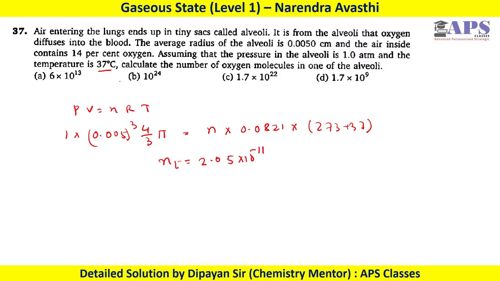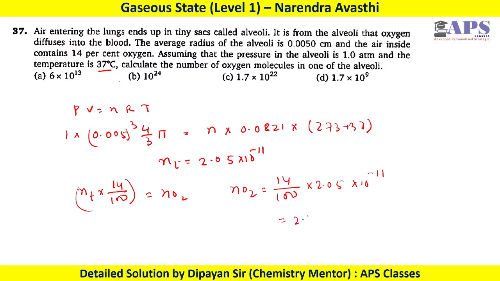Okay, now 14% of the NT is nothing but number of moles of oxygen. Okay, so NO2, number of moles of oxygen, 14 by 100 into 2.05 into 10 to the power minus 11, that is 2.87 into 10 to the power minus 12.